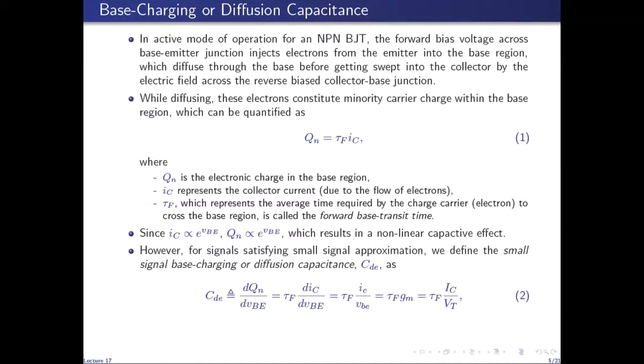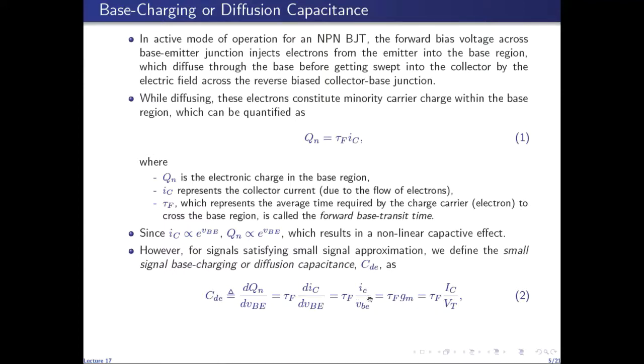The slope at the bias point on the curve is very well approximated by the slope of the tangent, the slope of the straight line, which is tangent to the curve at the bias point. So from our small signal analysis, we know that this slope of the IC-VBE characteristic at a given bias point is called the transconductance, given by the transconductance of the device.